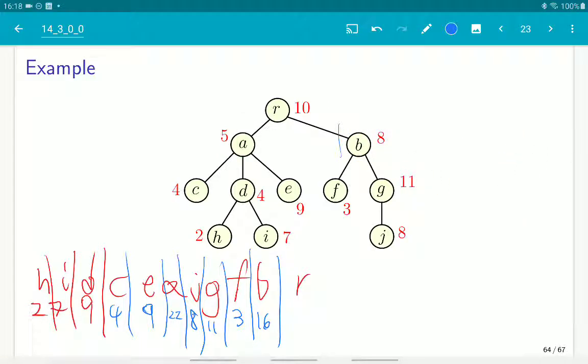So the root either does not take itself, and then we take A and B. One is 22, the other one is 16, so this is 38, right? The alternative solution, we do take the root, so it's 10 plus C, D, E. C, D, E is 22.